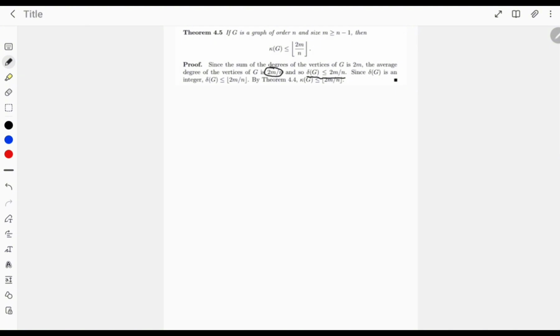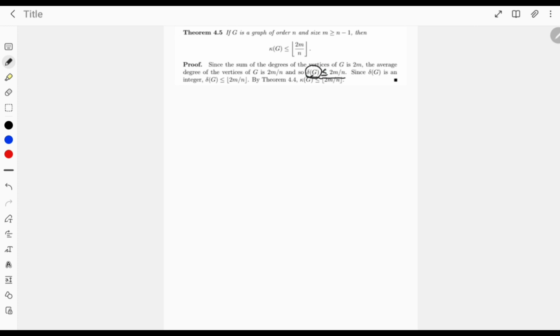Our delta of G, the minimum degree, is less than or equal to 2m over n. Okay, 2m over n is the average degree, and this one is the minimum degree.